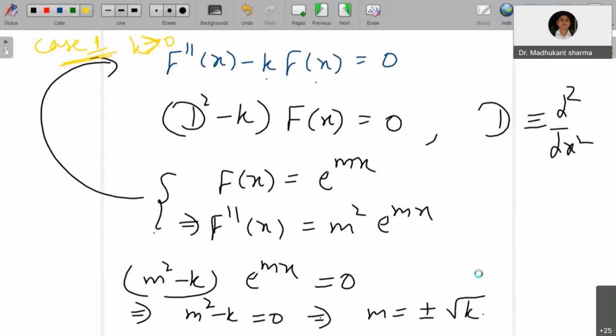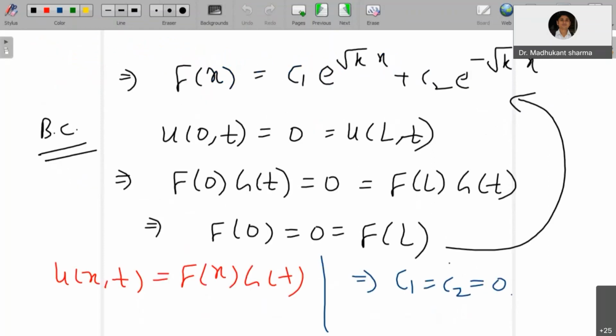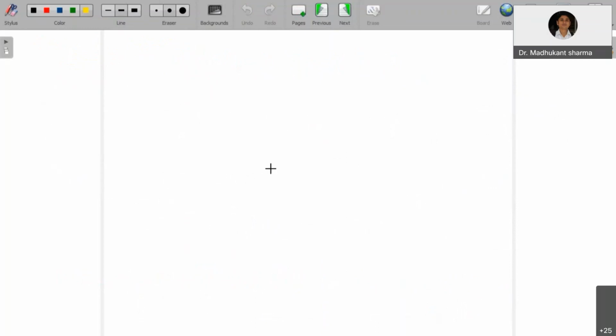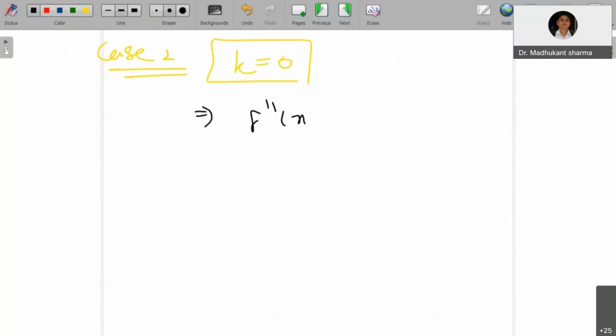Now case 2. Let's take case 2, k equals 0. That is also a possible case. So this will imply f double dash of x equals 0, because k times f of x is 0.